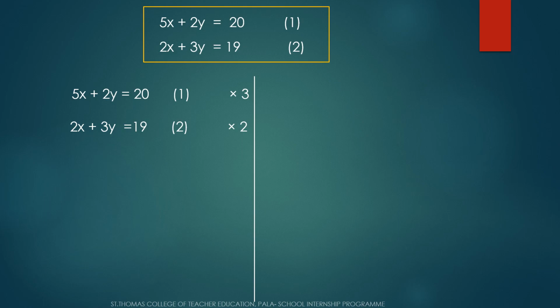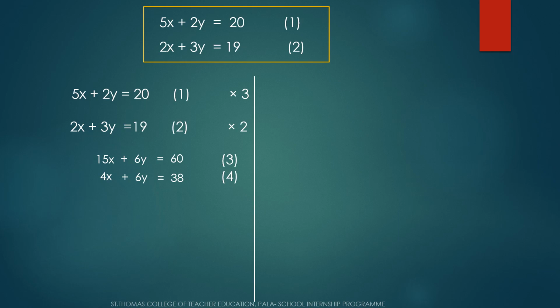Tell me by using pen and paper. Okay, some of you said the first one will be 15x plus 6y equal to 60. And we call this equation 3. Again, equation 2 multiplied by 2 gives 4x plus 6y equal to 38. Okay, and we call this equation 4.